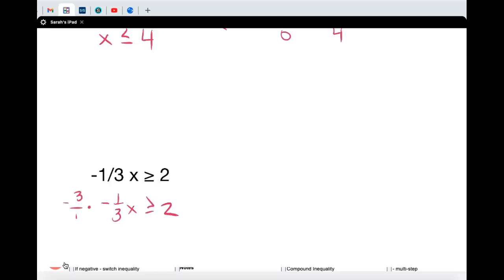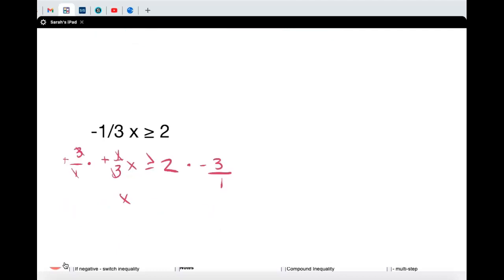So we're multiplying by -3/1. So on the left side, the 3's cancel, the 1's cancel, the negatives change, so you just have x. On the right side, what do we have? Yeah, -6. You multiply straight across and divide by 1. And is my inequality greater than or equal to or less than or equal to? Less than or equal to, right, we multiply by a negative number, so then it flips around.